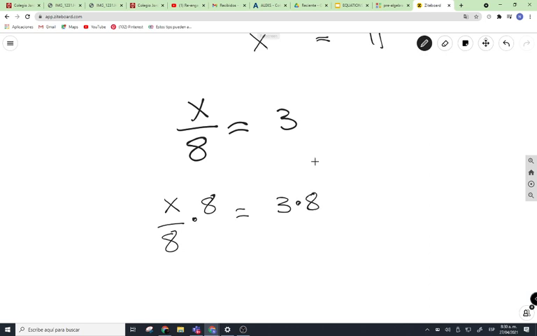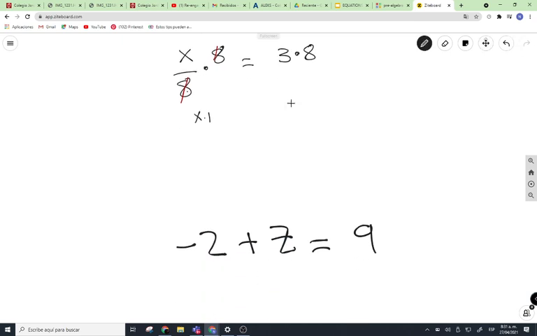So what happens? 8 divided by 8, they cancel each other because they become 1. You see? And x times 1 is just x. So in this case, x is alone. And 3 times 8 is 24. So x in this case is 24.